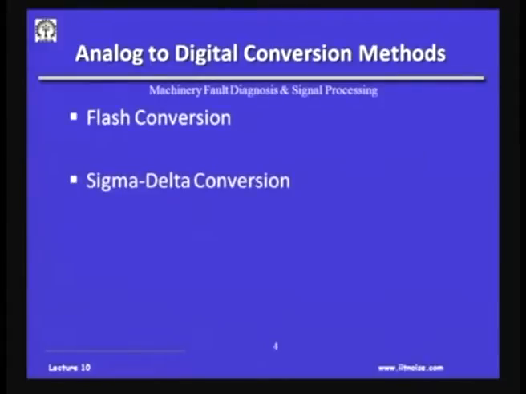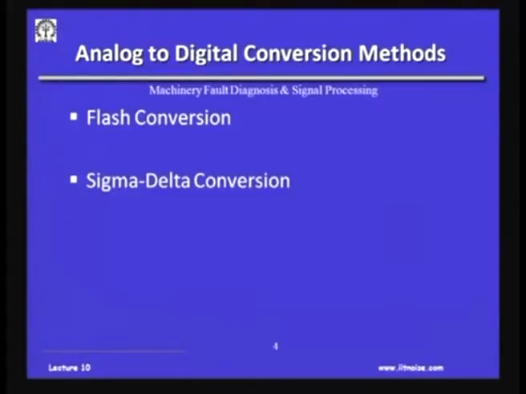Well, what is the process of doing A to D conversion? There are two popular conversion methods. One is the flash conversion and the other is the sigma delta conversion. In this course, I will not be going into the details of how the A to D process is done inside the card, but it will suffice to say that sigma delta conversion is the most popular in A to D converter cards available in the market.